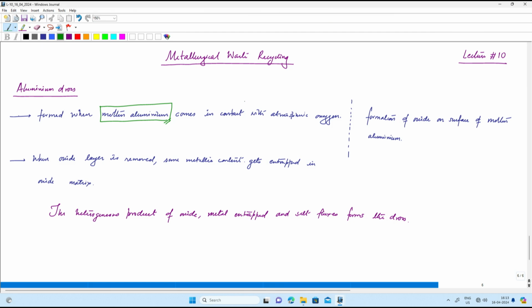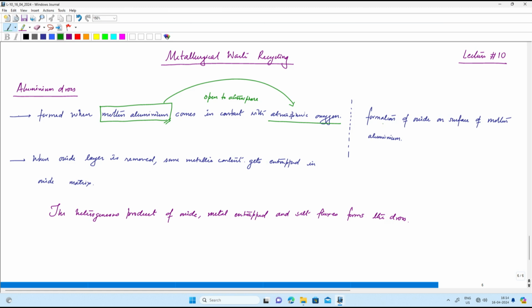Such a system is open to air, open to atmosphere. When it is open to atmosphere, molten aluminium comes in contact with atmospheric oxygen and forms aluminium oxide.